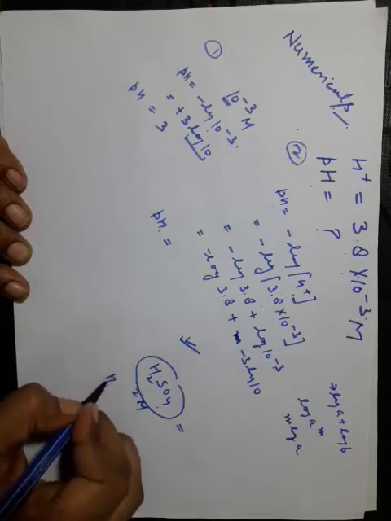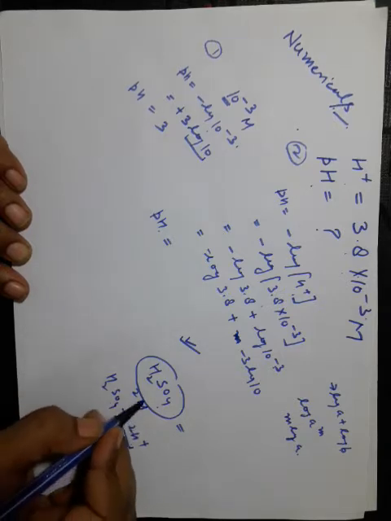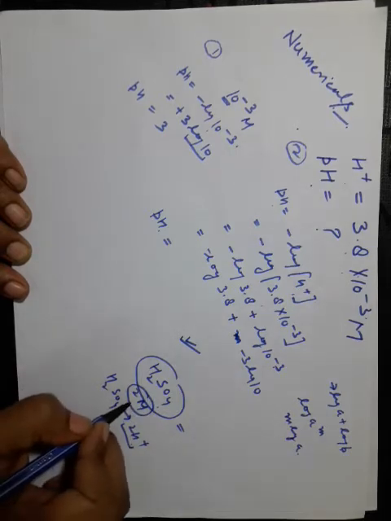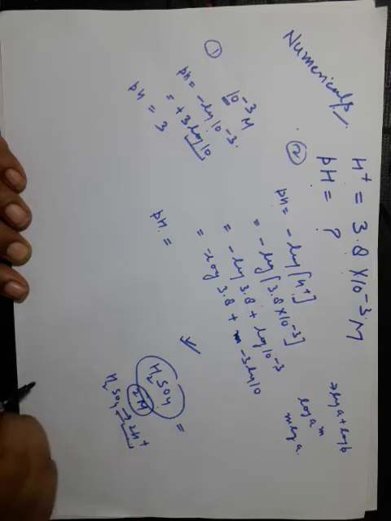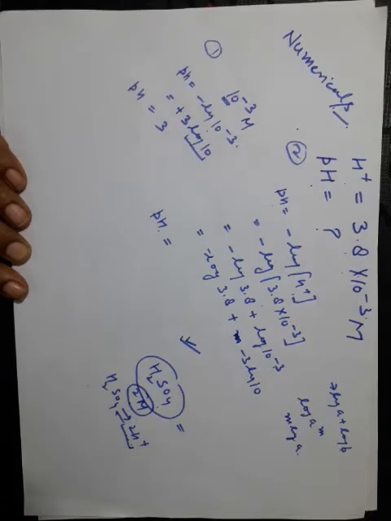Here when H2SO4 dissociates, double the hydronium ions are formed. So we have to double the value of this given concentration, because on dissociation 2 hydronium ions are produced. By doing this, we can easily calculate the correct answer of pH.